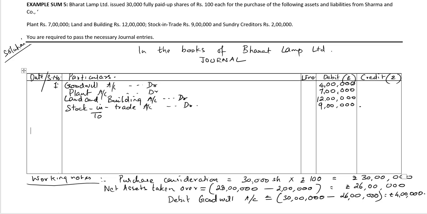To sundry creditors account 2 lakh rupees. To the name of the vendor, which is Sharma and Company Account for the amount of the purchase consideration, just 30 lakh rupees.